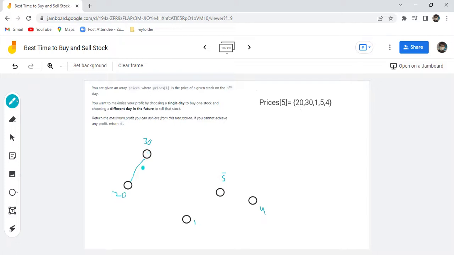These are basically the peaks, and these are the valleys which are beneath the peak node. So let me make a graph like this. You can see that from 20 to 30 we have a difference of 10. Let's first erase this number.